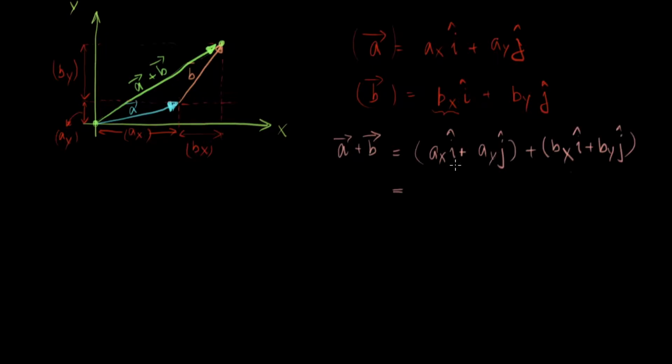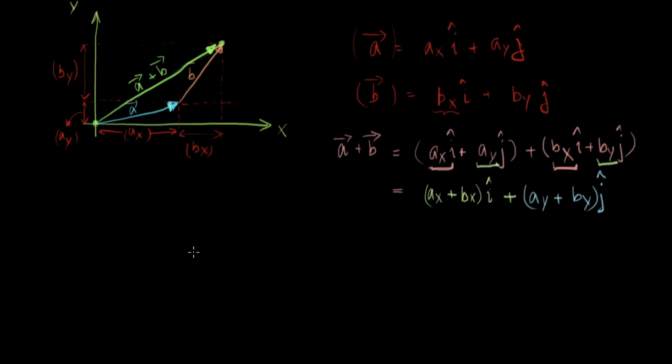You have i terms and then you have j terms. i terms are all the lengths in the x direction. So we can take this term here and this term here and combine them. And if I do that, I would get a sub x plus b sub x times i cap. And I do the same thing with the j term. And by doing that, I get a sub y plus b sub y times j cap.